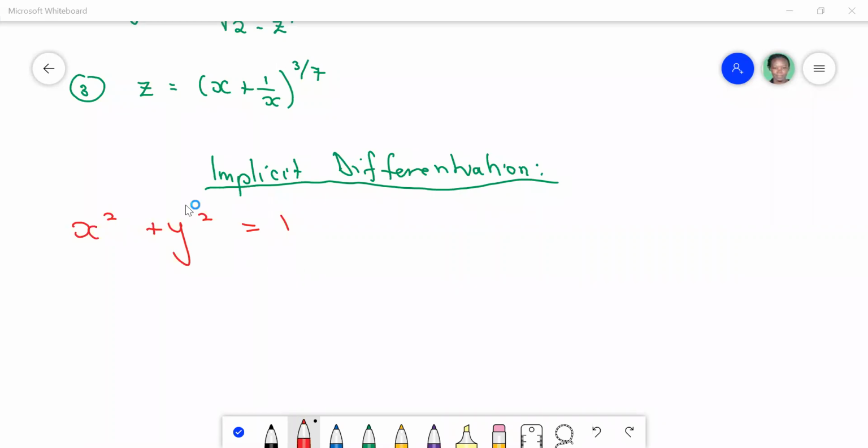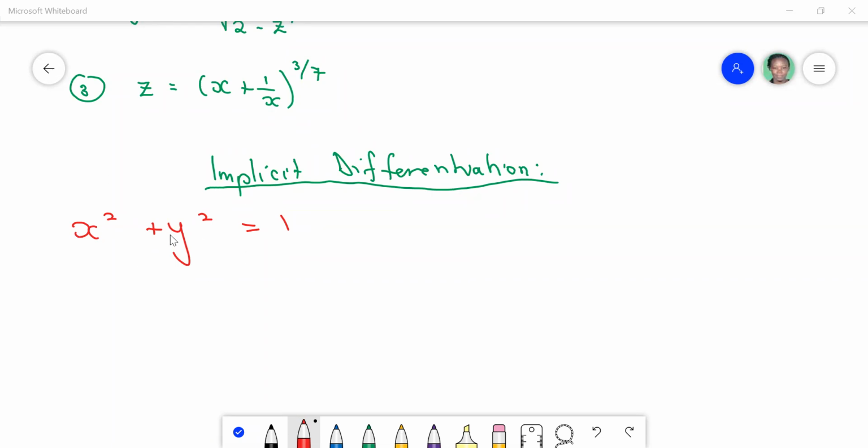Yes, this is the equation of what? A circle. Okay, very good. Alexander says it is the equation of a circle. This is our r squared, so our r is 1 here.